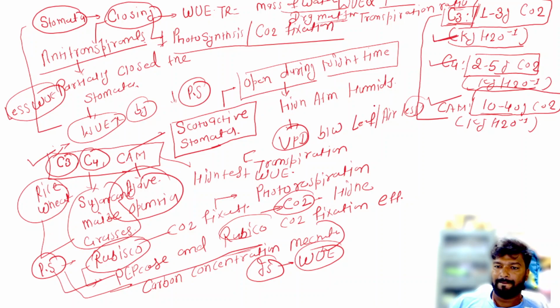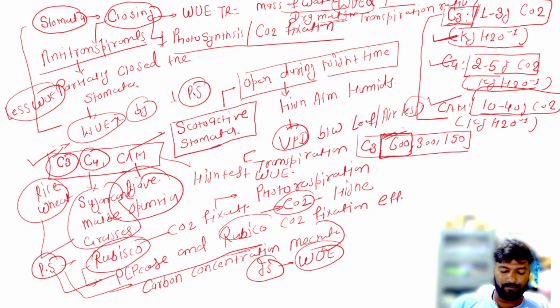So generally for C3 plant, the transpiration ratio is 600. For C4 it is 300, and for CAM plant it is 150. Means C3 plant have high transpiration ratio and less water use efficiency, because this is inversely proportional. Okay. So this is about the stomatal regulation and water efficiency.